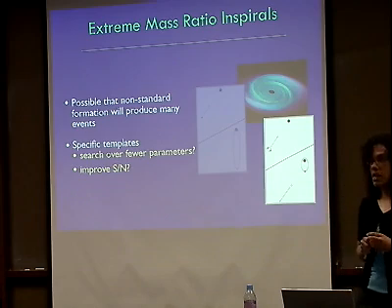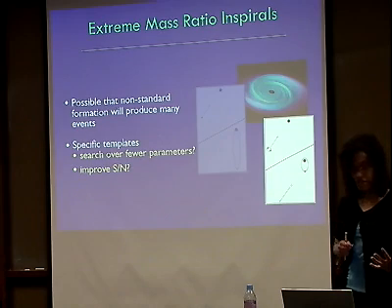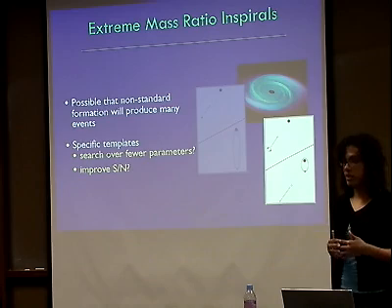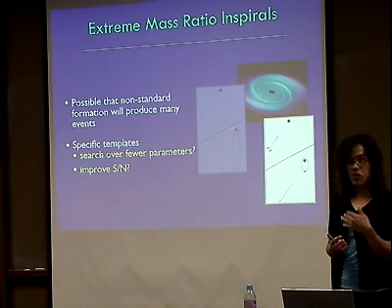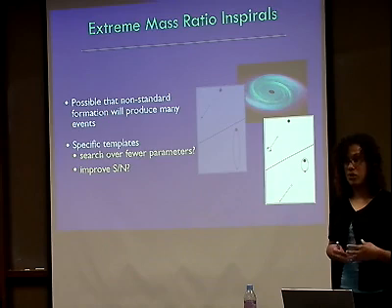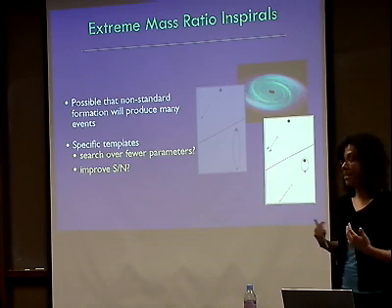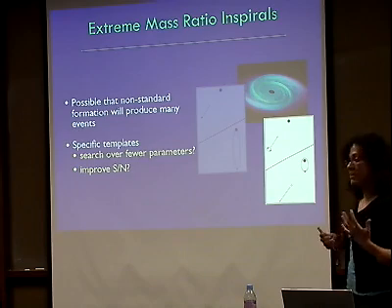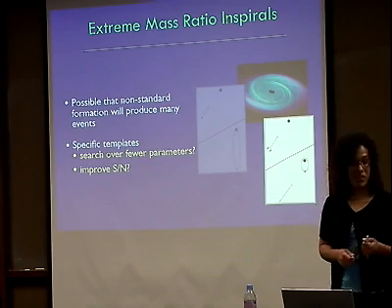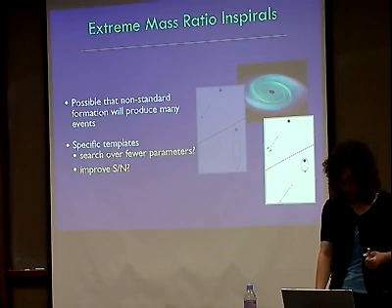And if those non-standard scenarios produce many events, then would this simplification, where you're allowed to search over fewer parameters, really improve your signal to noise and help with the data analysis aspect? So that's a question that I'd love to have conversations with any of you about afterwards.